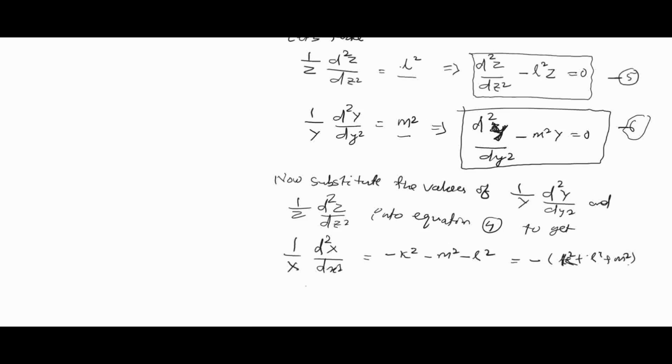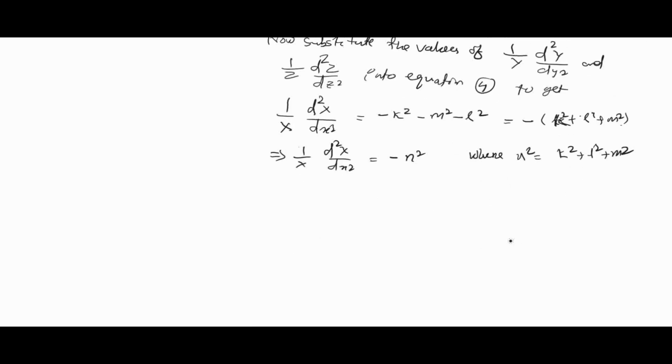Or we can write 1/x d²x/dx² is equal to minus n², where n² is equal to k² plus l² plus m².